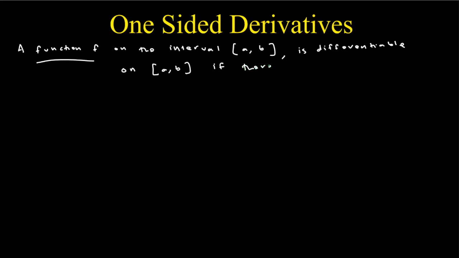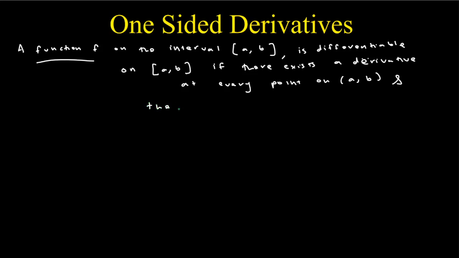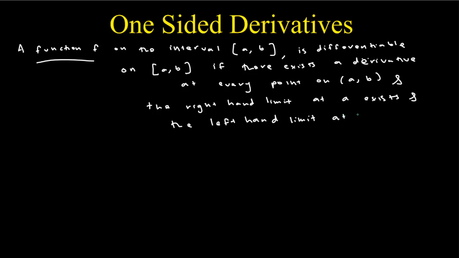there exists a derivative at every point on the interval, not including a and b, and the right-hand limit at a exists, and the left-hand limit at b exists.